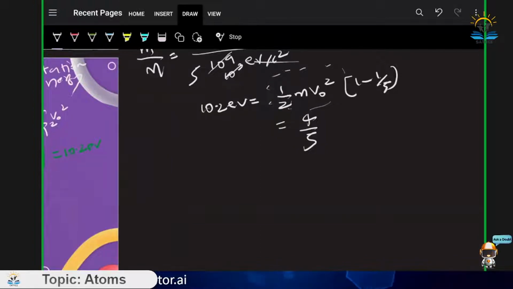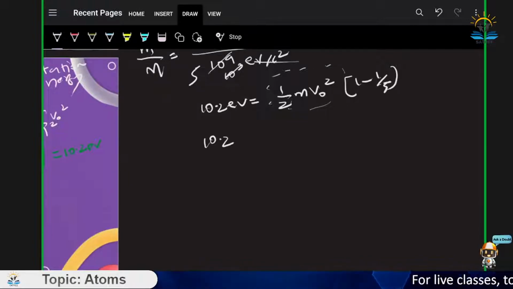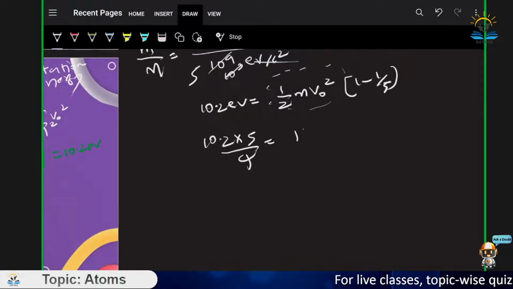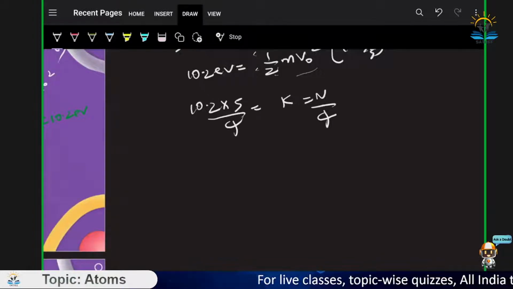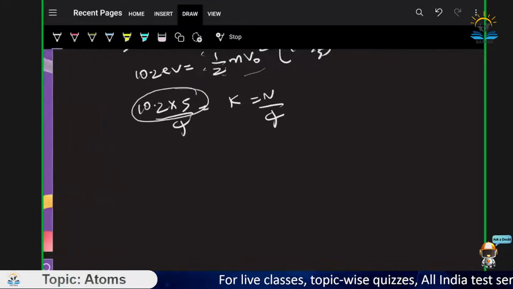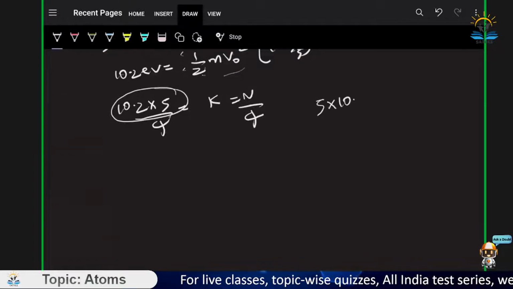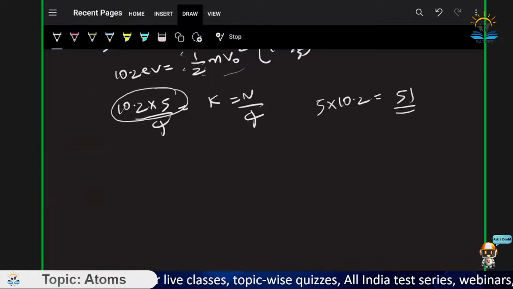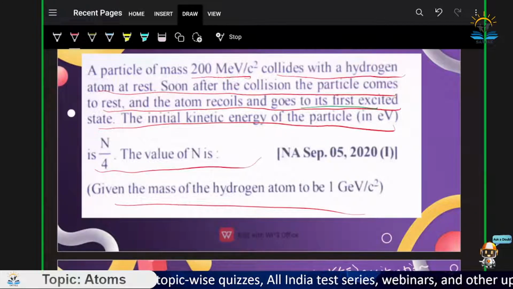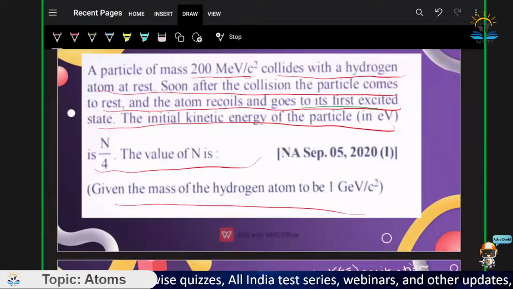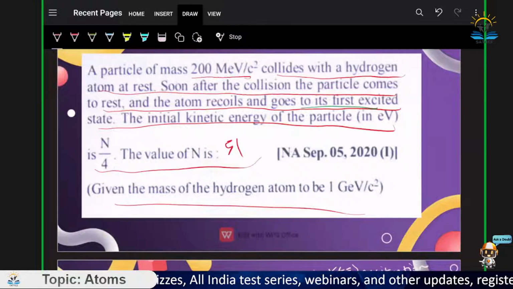We have to find the initial kinetic energy, so we can write 10.2 into 5 by 4. This will be the initial kinetic energy, which is equal to n by 4. So n is 5 into 10.2, that is 51. So n is 51. Okay.